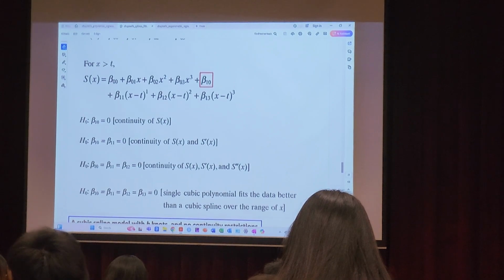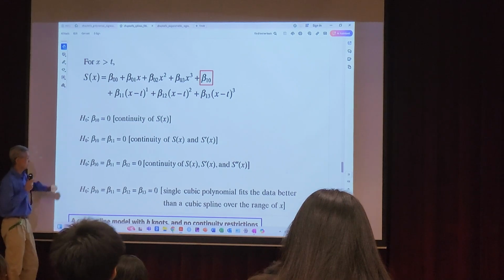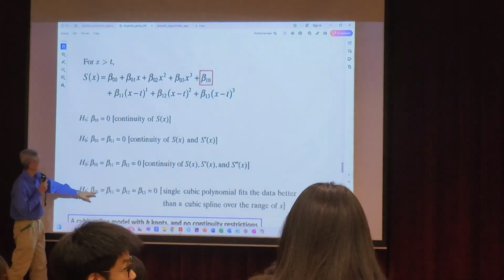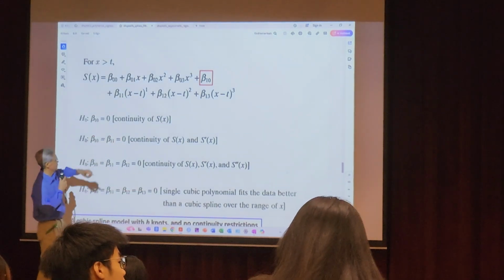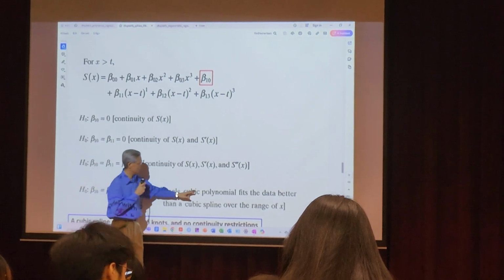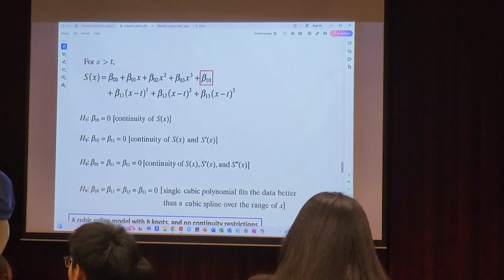And the last one, these two you can take a look at yourself. Now this one, I will test beta 1, 0, beta 1, 1, beta 1, 2, beta 1, 3 equal to 0. So here, I'm trying to compare a single cubic polynomial versus a cubic spline model.